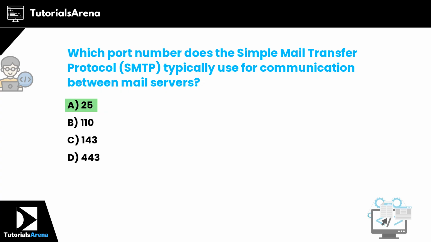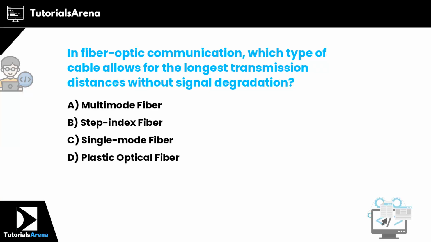The correct answer is option A, 25. In fiber optic communication, which type of cable allows for the longest transmission distances without signal degradation? The correct answer is option C, single-mode fiber.